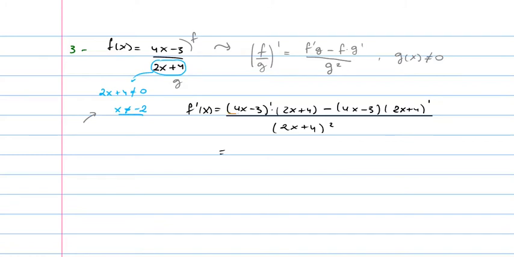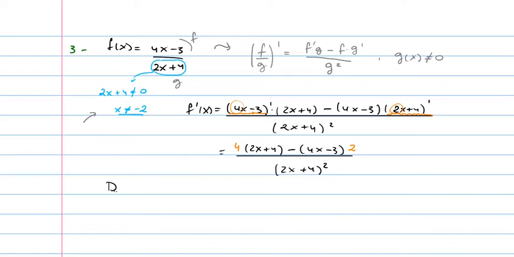Now we only have to calculate this derivative and this one. These are just polynomials, so again we know how to calculate them. We have here the derivative is just the constant multiplying x, and the same here. So we have 4 times 2x plus 4 minus 4x minus 3 times 2. And all this divided by 2x plus 4 squared.